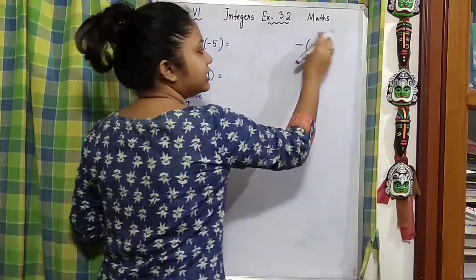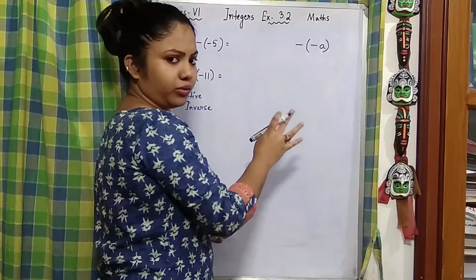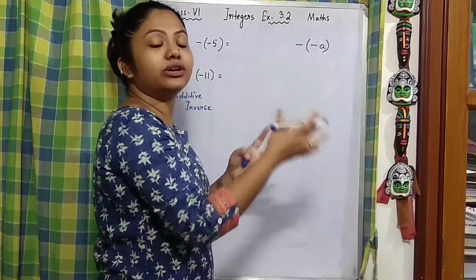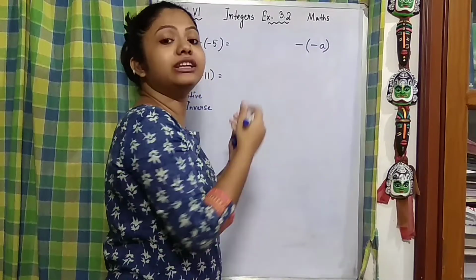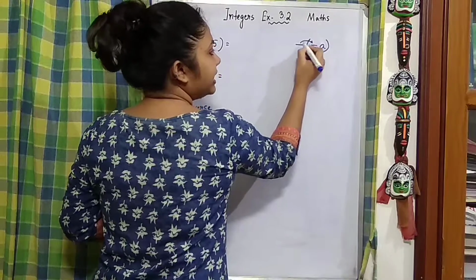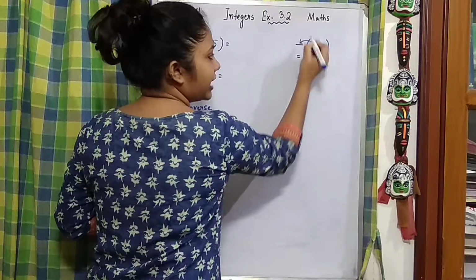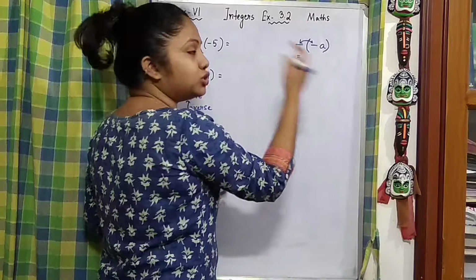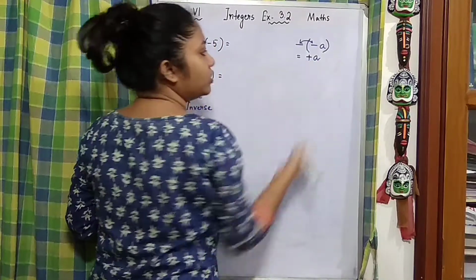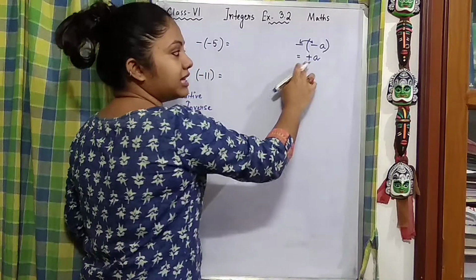The a is not so important here. What is important is what the signs are and how they interact to give a result. When minus and minus interact together, they give a plus. So the answer will be plus a.